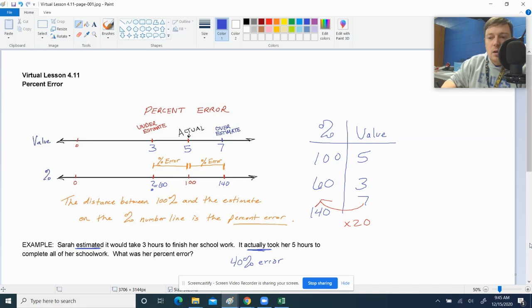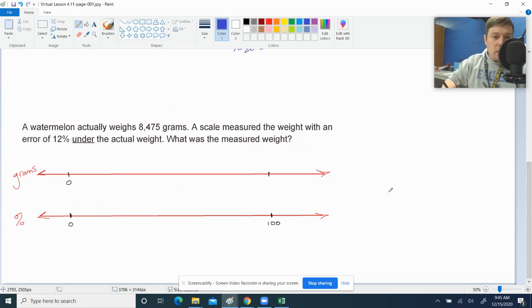All right, let's do an example with this. A watermelon actually weighs 8,475 grams. So I'm going to put 8,475 as my 100%. A scale, and scales are synonymous for making mistakes, they're not all perfect, measures the weight with an error of 12% under the actual weight.